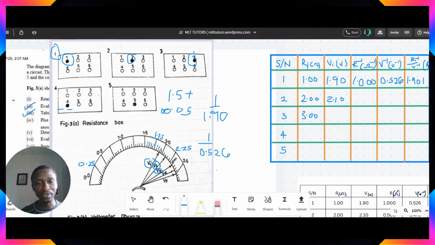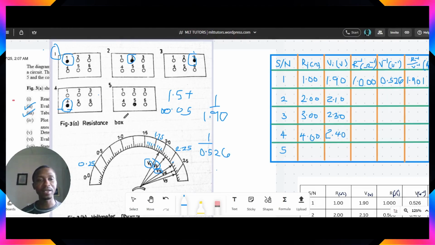So this is 2.30, and that will be the value of our corresponding voltage when the resistance is 3. Then here is our R4, that is 4 ohms. And the corresponding value of the voltage at that moment, here it is. So if this is 2.3, this is 2.35, and that will be 2.40. So that's 2.40.